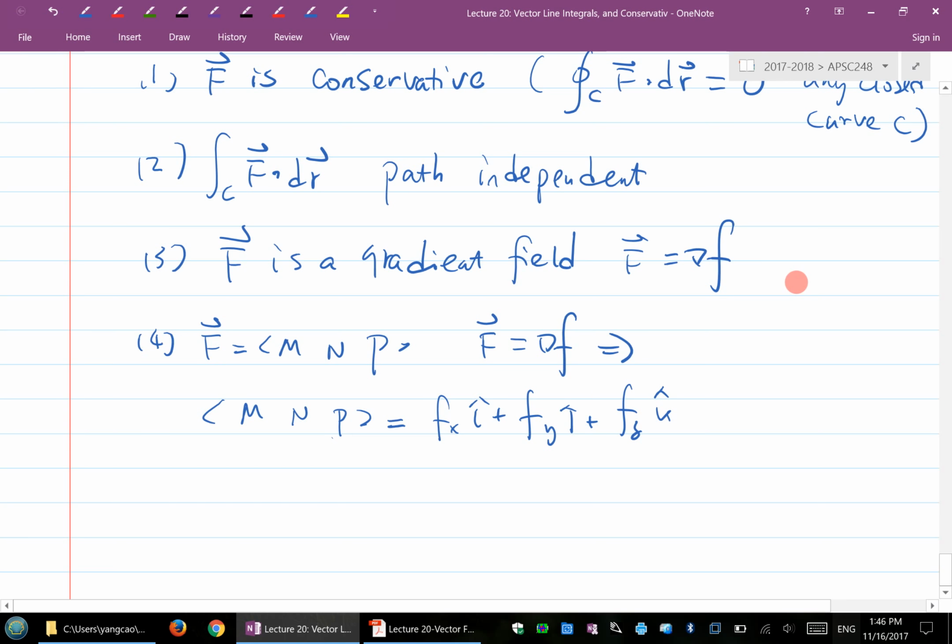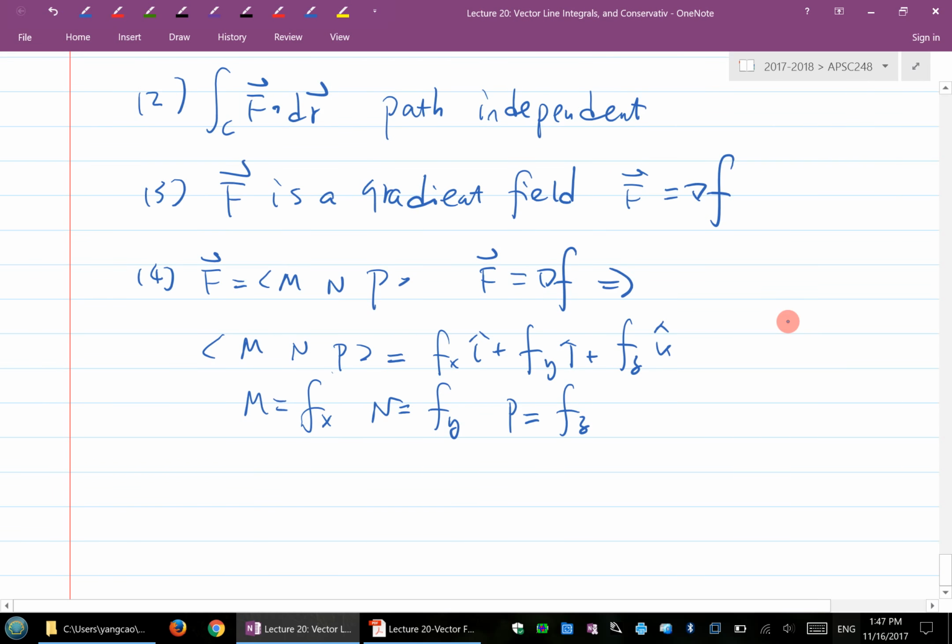So now, you basically have M equal to Fx, and N equal to Fy, and P equal to Fz.